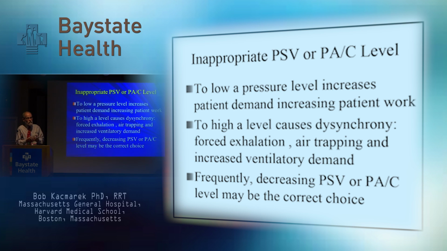It may be that you have to pull back and actually do less in order to eliminate that level of asynchrony. I'm not saying that increasing isn't the right thing in some patients, but there will be patients that the best thing to do is to drop the pressure, particularly pressure support and pressure assist control. We tend to use, I believe, much higher pressures than we should.